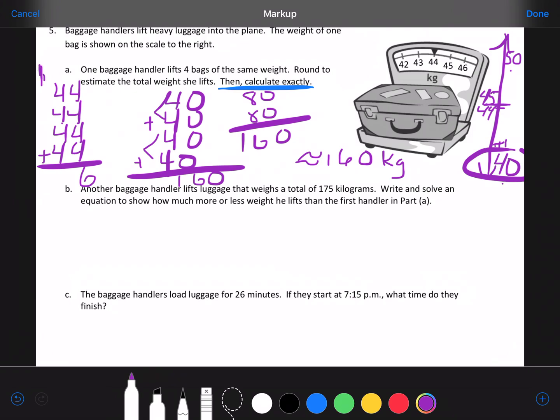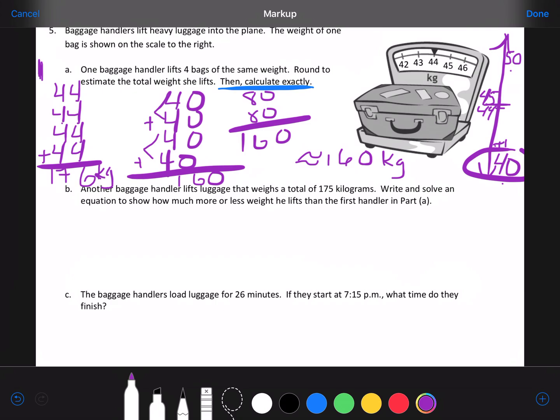You can actually make that one full size if you like. It doesn't matter. We're just trying to make sure we don't forget it. All right. So then we've got 4 plus 4 is 8 again, plus 4 is 12, plus 4 is 16, plus the 1 that was carried up here makes it 17. So 176 kilograms, right?